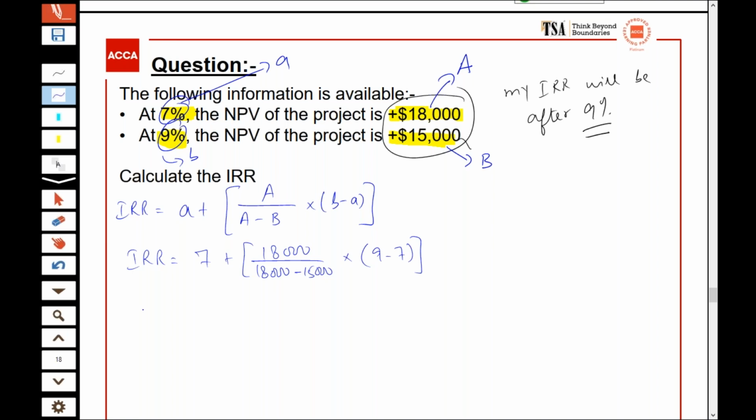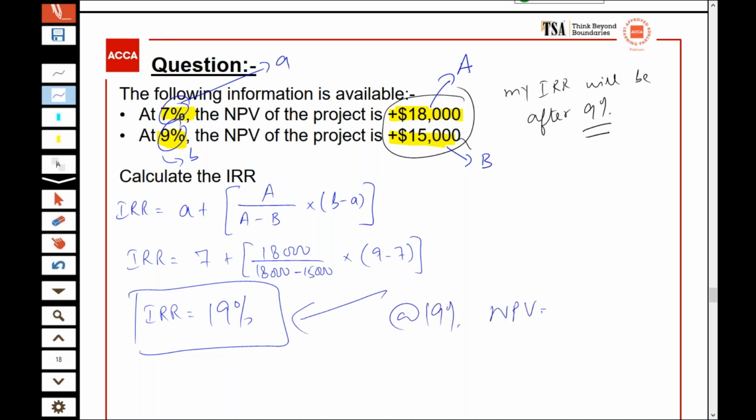Keep the thing simple. That is 19%. At 19%, the NPV is 0. So that is why I was not taking the positive and negative sign.